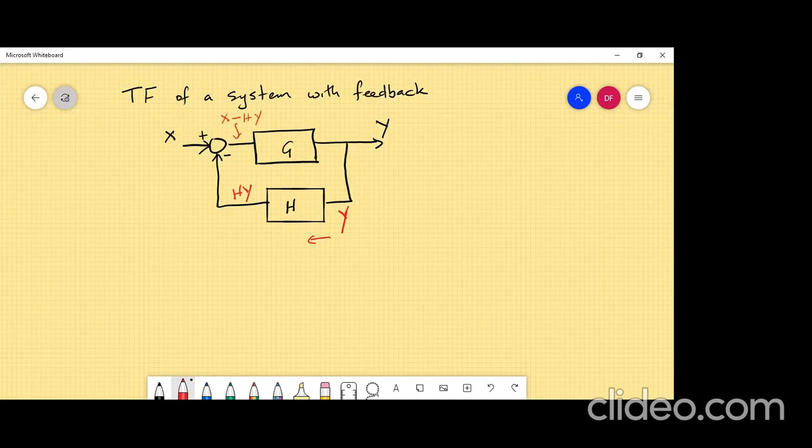You follow me up to there? Yes, sir. Wait, sir, what does the TF stand for again? Transfer function. Okay. So now the rule is that the output is Y and the input is X minus HY. So Y is equal to G multiplied by the input, which is X minus HY.